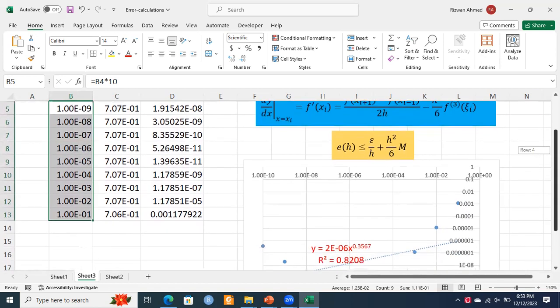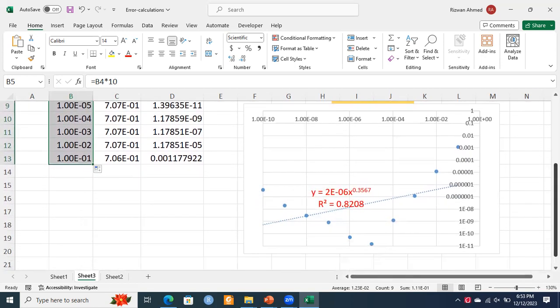This is the micro scale, this is milliscale, and this is the centiscale. So if we now see the data points, we can see that with a very small step size, the error tends to increase. And this is evident also in the exponent, which has been reduced from almost 2 to 0.3567.